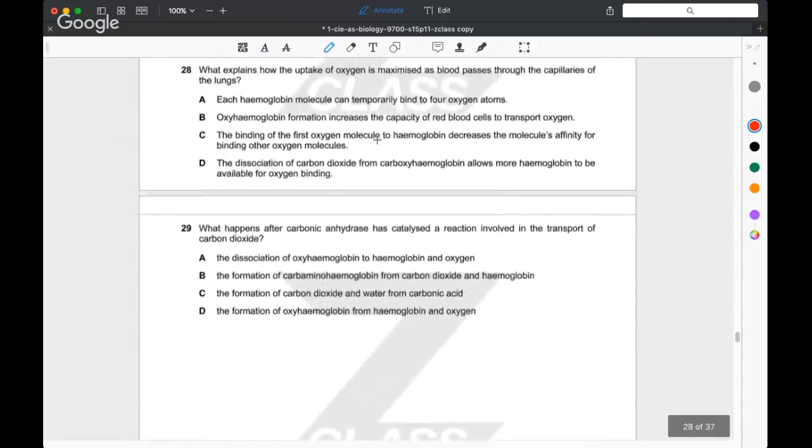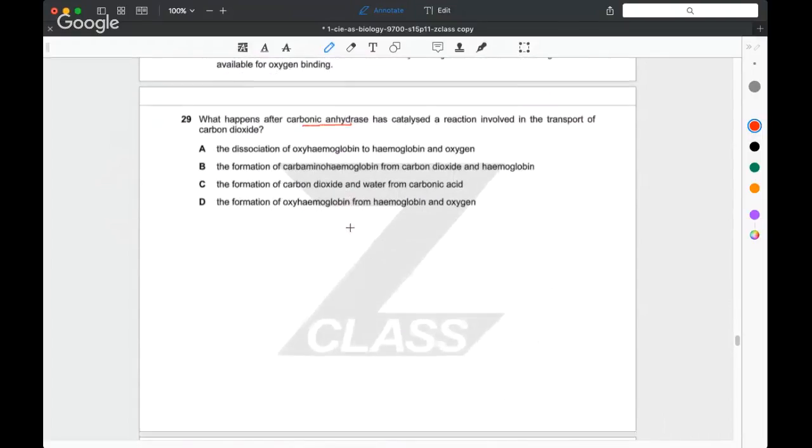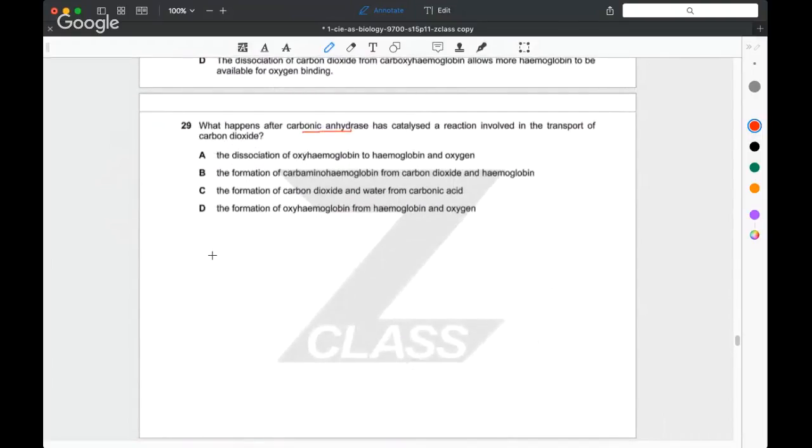Okay, 29. This is a question about carbonic anhydrase, and really you're trying to understand the reaction that takes place in a red blood cell, because carbonic anhydrase is one of the enzymes that's present in the red blood cell.